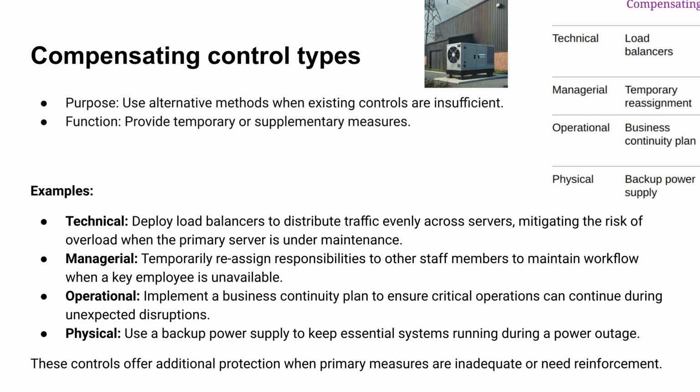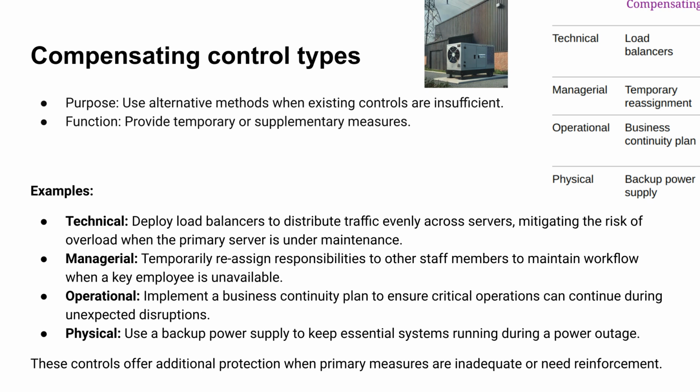In the case of a significant disruption, such as a natural disaster, having a business continuity plan in place ensures that critical operations can continue smoothly. Additionally, during a power outage, a backup power supply can keep essential systems running until normal power is restored.